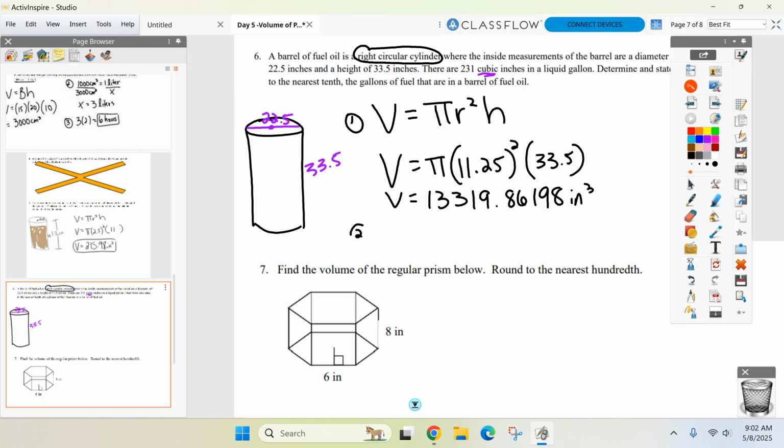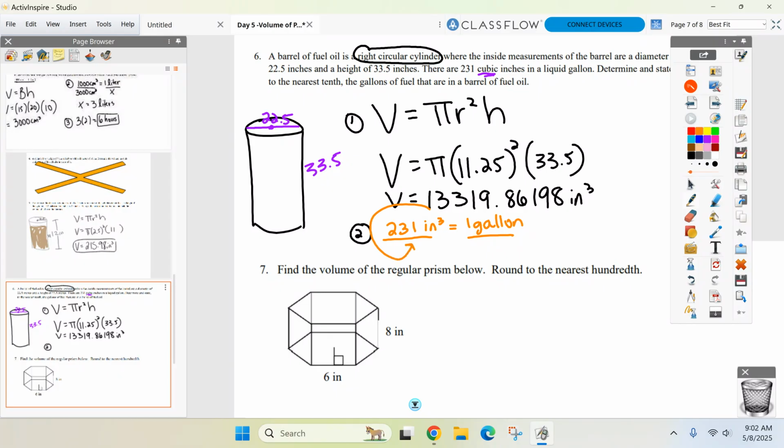And now we got to convert that into gallons. 231 cubic inches in every gallon. If you don't know what to do with the 231 in your volume, set up a proportion. And that's exactly what I'll do. 231 cubic inches equals 1 gallon. Over.